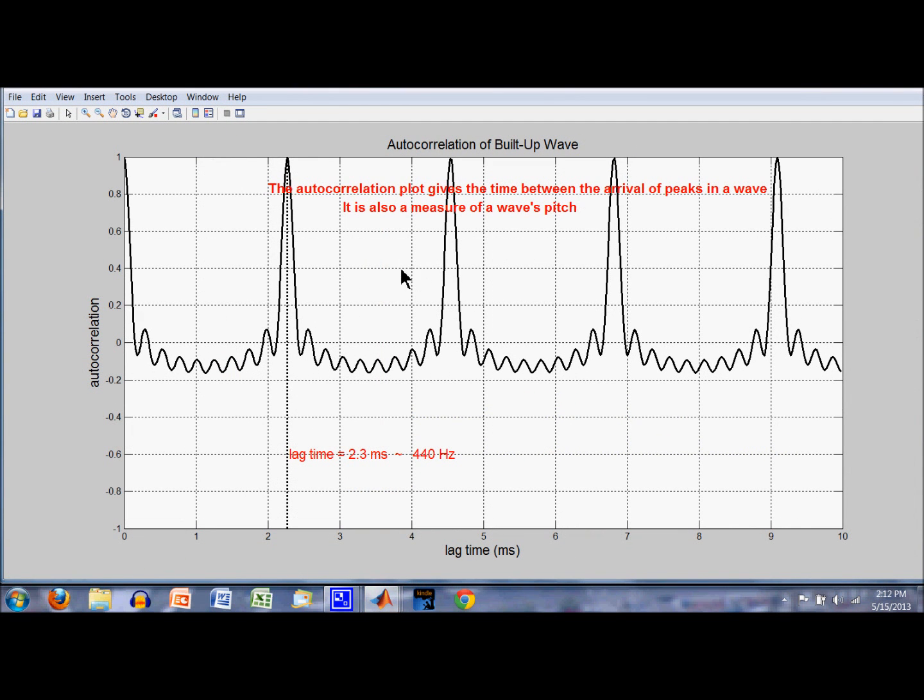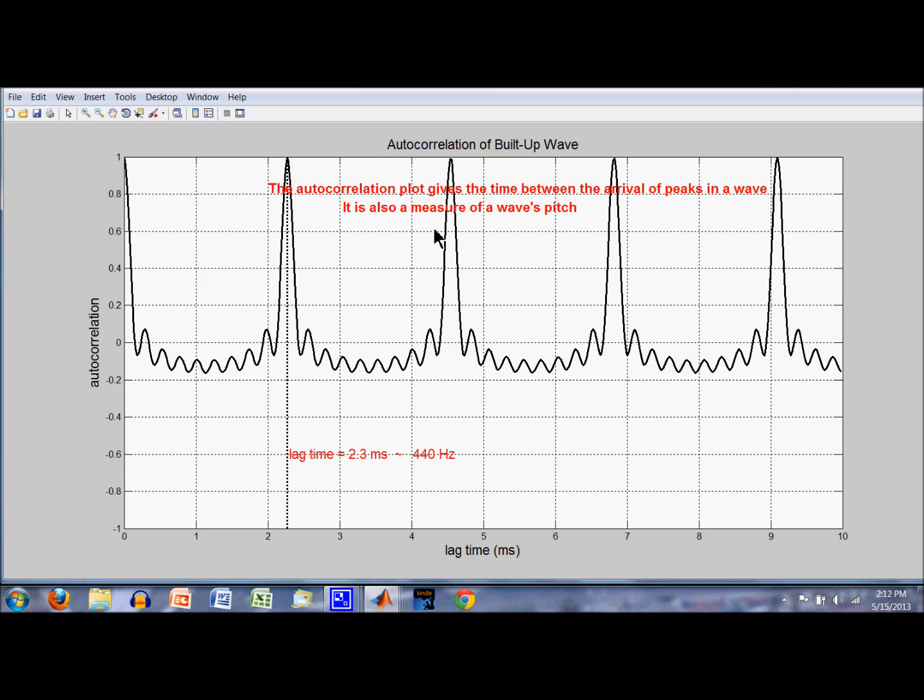Here's the autocorrelation of that built-up wave. Again, it's a simple wave, so we have total autocorrelation at 2.27 milliseconds. And this is telling us that the pitch of this wave is 440 hertz.